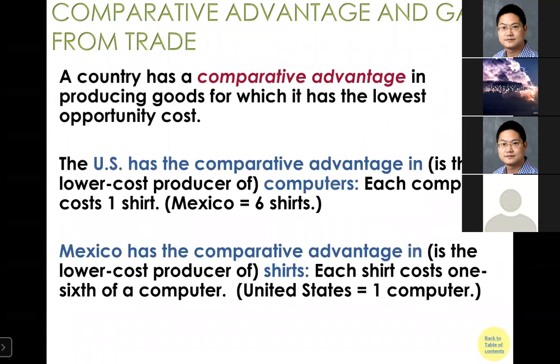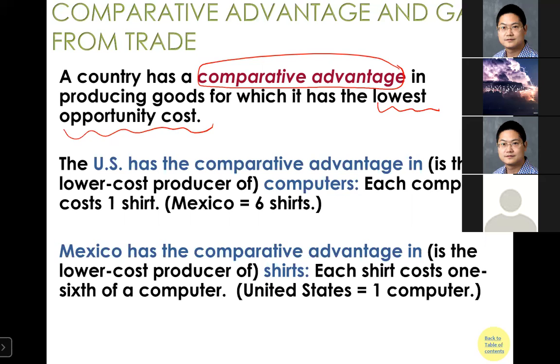We say a country has a comparative advantage, which is a keyword for this chapter, in producing goods for which it has the lowest opportunity cost. In the previous example, the United States has comparative advantage in producing computers because it has lower opportunity cost compared to Mexico.